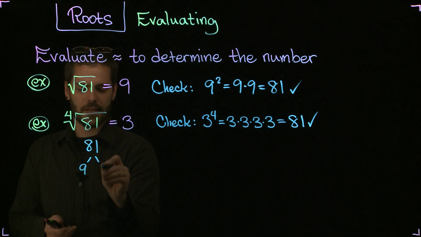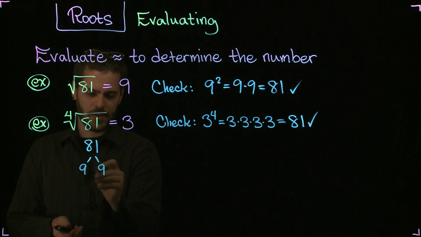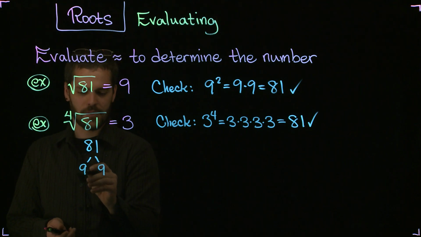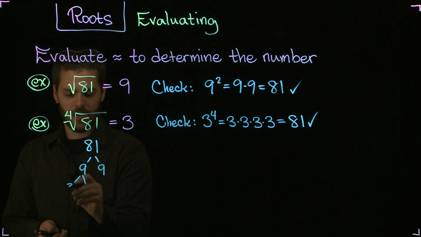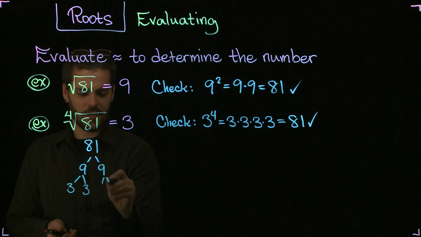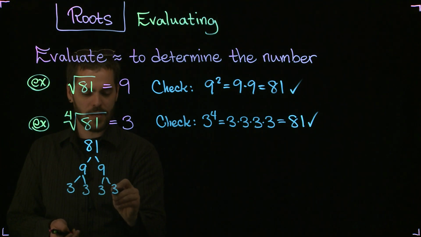81 is 9 times 9. Those aren't prime factors, they're not prime numbers. So I'm going to break down the 9 into 3 times 3, and this other 9 into 3 times 3.